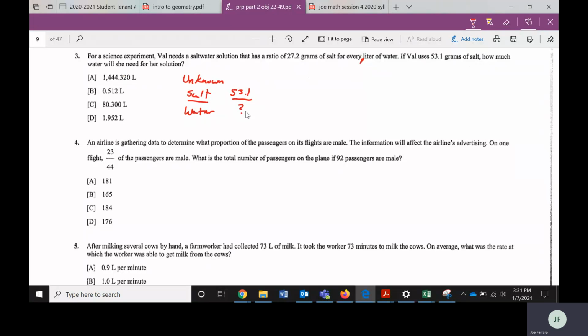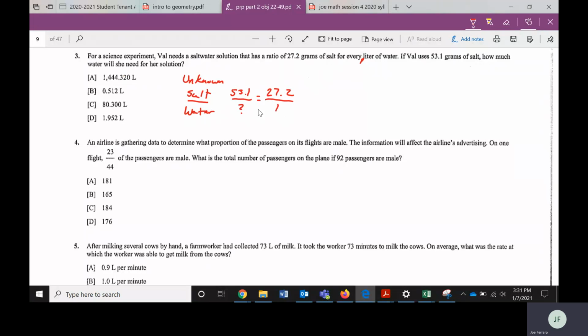We don't know the amount of water. So now let's look in our given pair, our known pair, and see if that's the two things we have. 27.2 is grams of salt, just like 53.1 is grams of salt, so that can go there. And when there's 27.2 grams of salt, there is 1 liter of water. So that goes there. Okay, so it's using a unit rate.